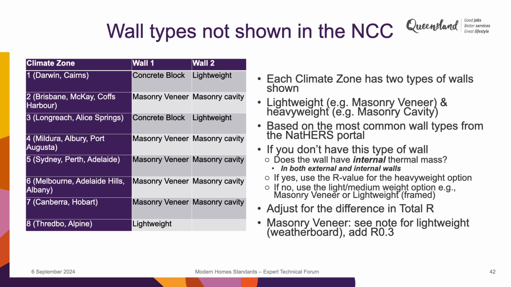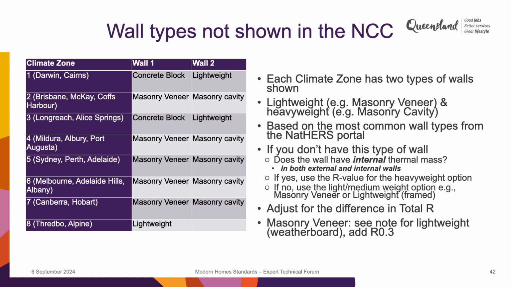One of the things that was in the back of my mind, unfortunately didn't actually make it into the NCC 2022, was in each climate zone, there are 2 wall types shown. One of them has no thermal mass, the other has heaps of thermal mass. And the idea was that the recommended wall R values could be assigned to any wall based on the thermal mass of the construction.